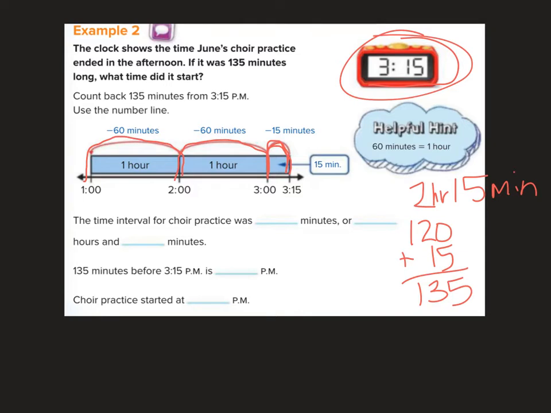Nice. So that helps us out. The time interval for the choir practice was 135 minutes or 2 hours and 15 minutes. 135 minutes before 3:15 is 1 o'clock p.m. So choir practice started at 1 o'clock p.m.